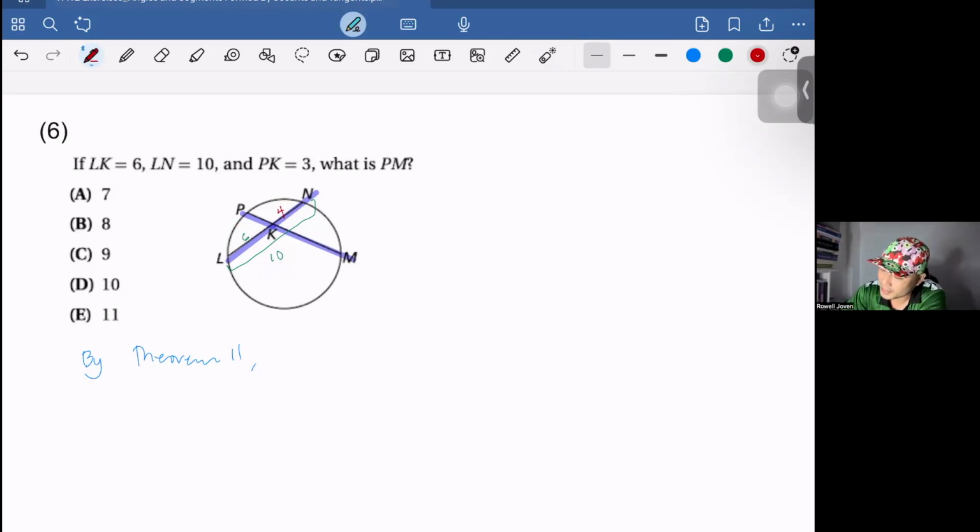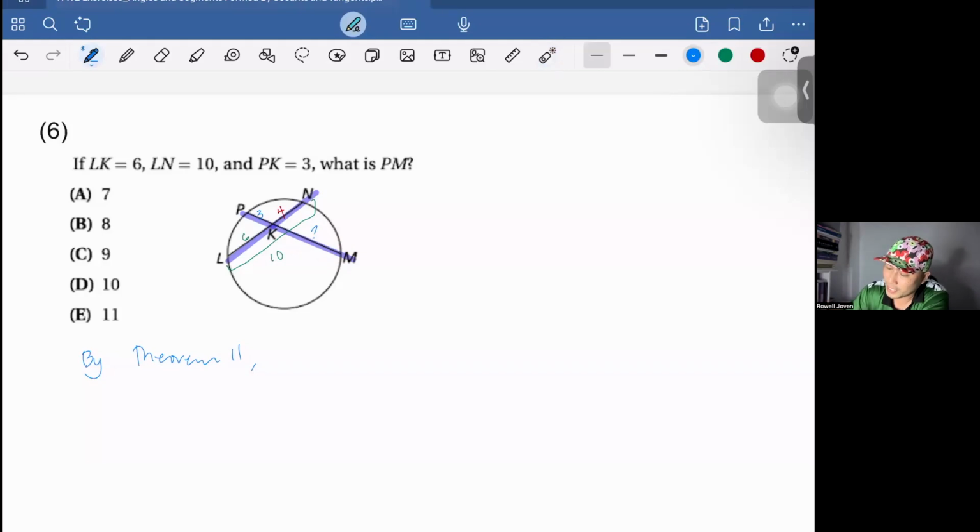Next, PK is 3. Let's write here 3. Then what is your PM? So in order to get PM, of course, you still need KM, right? You still need to find out what is the measure of KM. All right? So how do we get that?